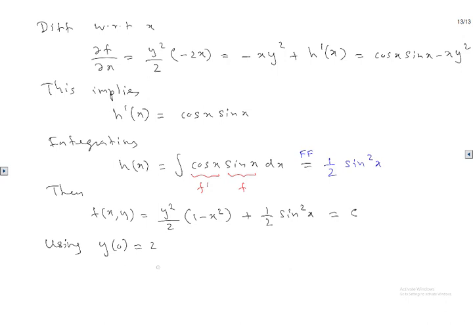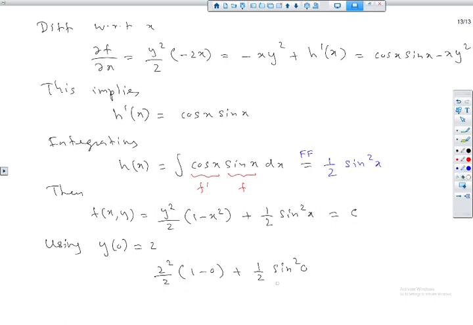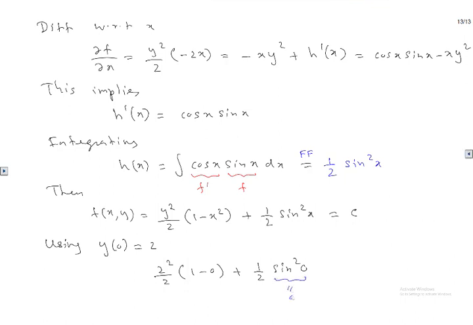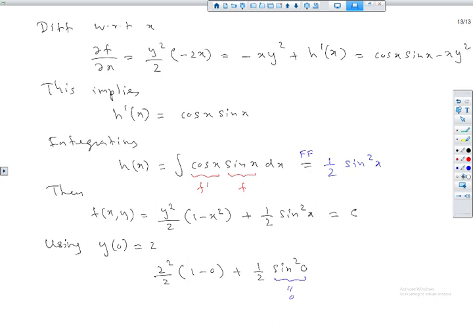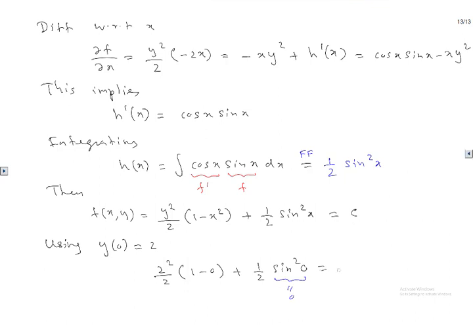So 2 squared over 2, x is equal to 0, plus 1/2 sine squared 0. But we know that sine 0 is 0. So this is 0. So this one is equal to C. This says that C equals 2. Since C equals 2, we can plug that in there.